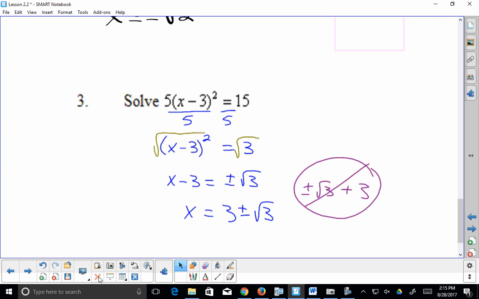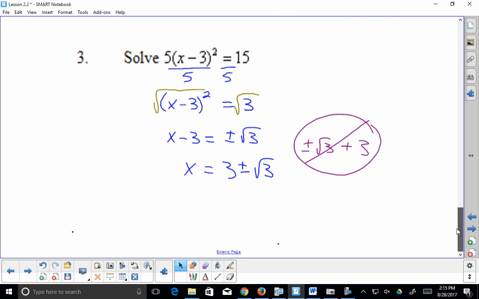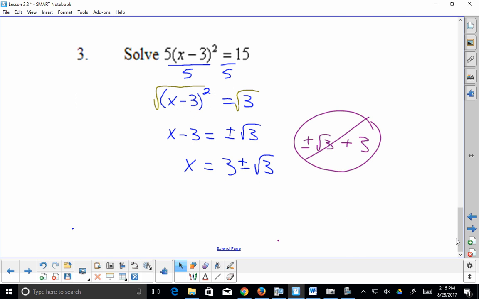Yep, when you said solve, you're trying to get x by itself. I have this crossed out where it says plus or minus square root of 3 plus 3. Is it incorrect? No, it's not incorrect. It's just that when you write it this way, sometimes it looks like that plus 3 is under the radical. If we write the 3 first, then we don't have that confusion. Good on that then?